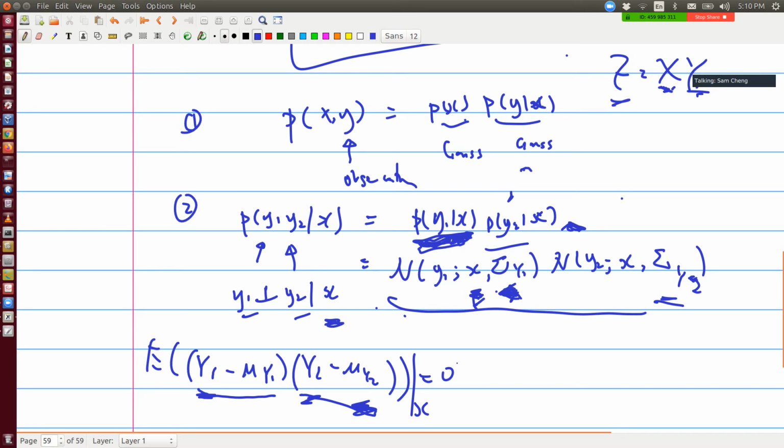When you're given x, you will have a different distribution for y. Why should it be like that?